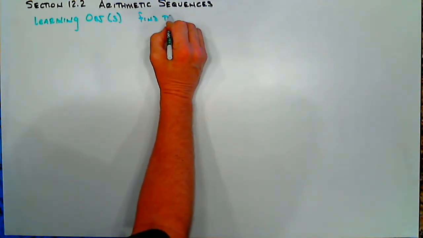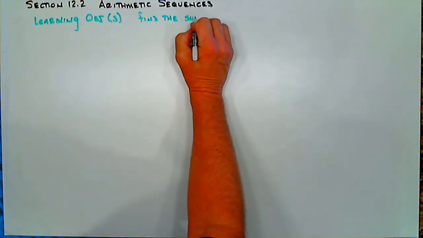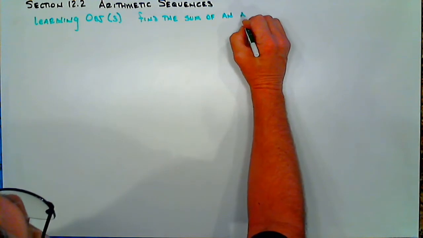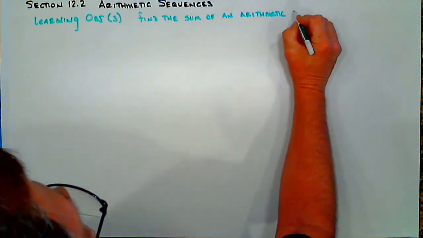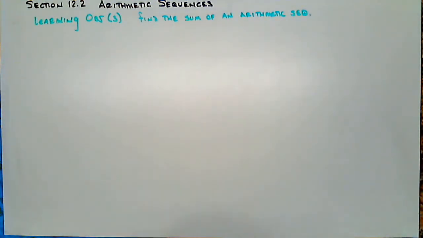And if all this looks familiar, it's because, again, remember, you did this in Algebra 2. Find the sum of an arithmetic sequence. All right, we want to find the sum.